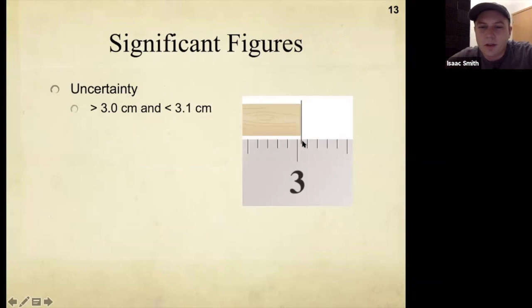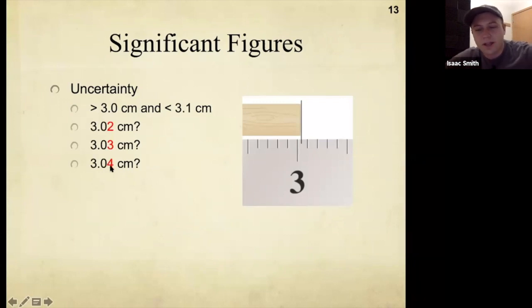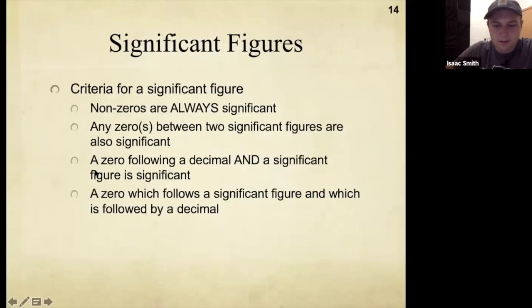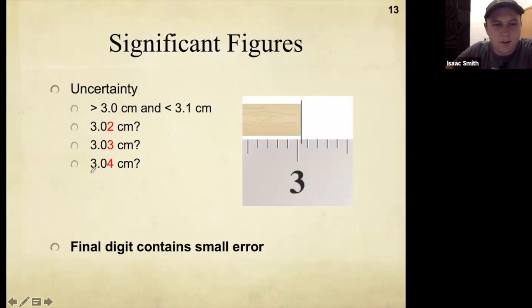And so we know it's a little bit less than that, but a little bit more than 3.0 centimeters. We don't really know exactly, is it 3.02, 3.03, or 3.04? We can't really say that. So when you have a measurement like this, the last digit we refer to as the estimated digit, okay?